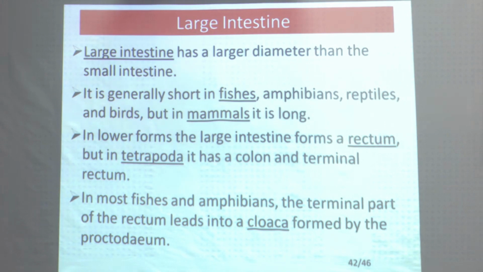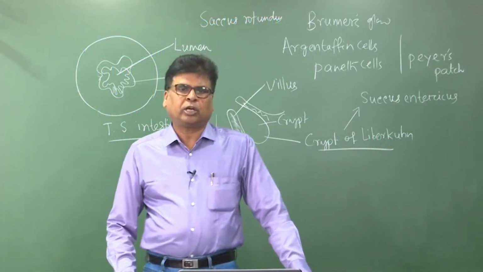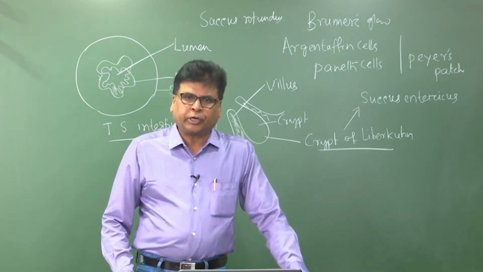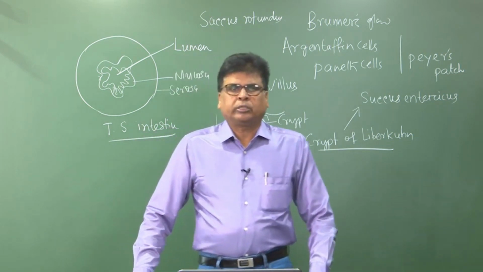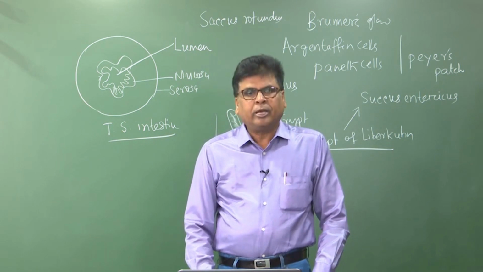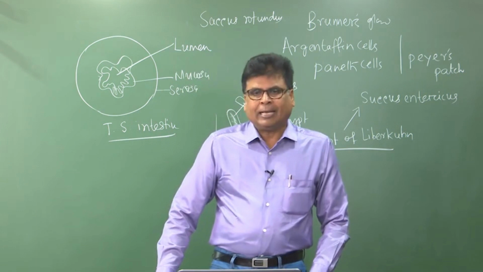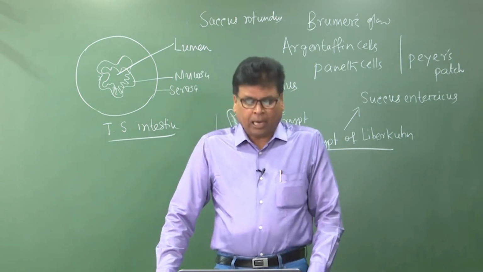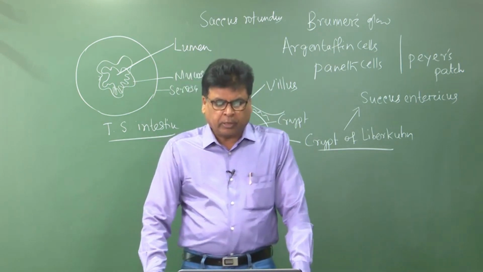In most of the fishes and amphibians, the terminal part of the rectum leads to the cloaca formed by the proctodeum, and the cloaca is a common aperture for elimination of the excretory materials, the genital materials and also the fecal materials. So, this is found in the lower tetrapods. The rectum, excretory duct and genital ducts open into the cloaca and it opens to the exterior by the cloacal aperture.